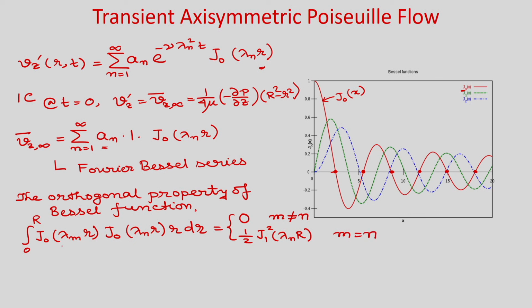So, for m is equal to n, you will get half J1 square lambda n R, where J1 is the first order Bessel function of first kind. Okay. So, now if we use this property, then you can find the value of this constant A n. Okay.